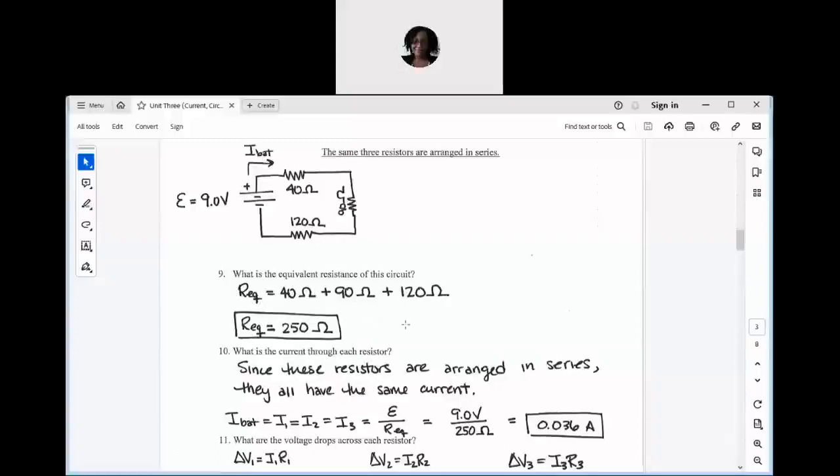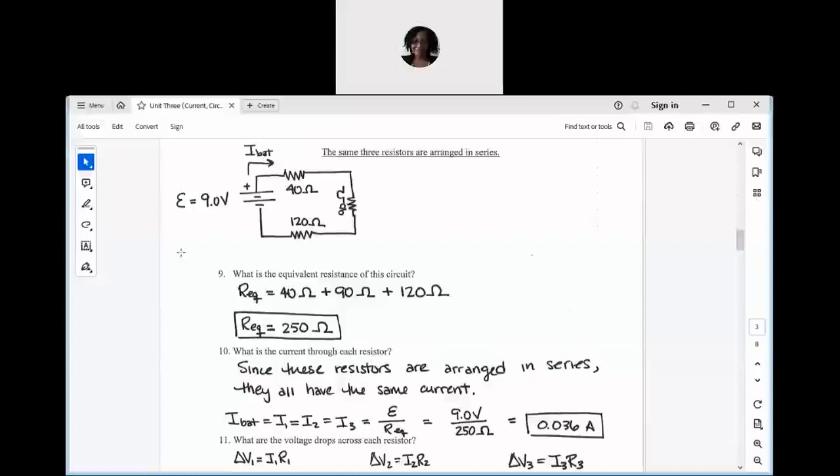So for a series circuit, I have to figure out how to express the equivalent resistance first. I can't just apply Ohm's law individually to each of these resistors because each resistor doesn't have its own unique current. It's a shared current.